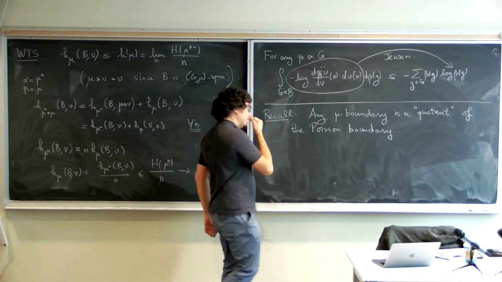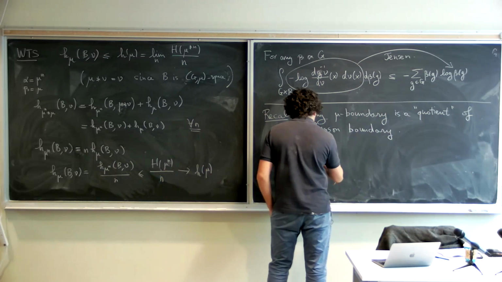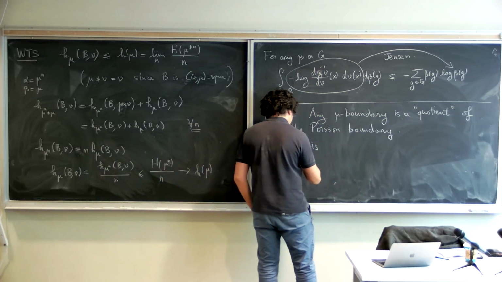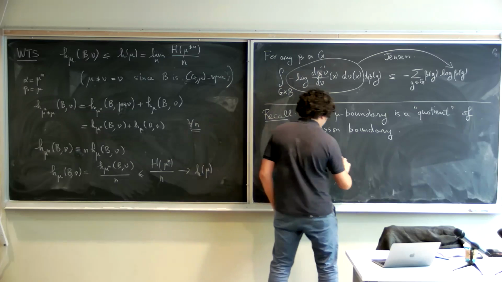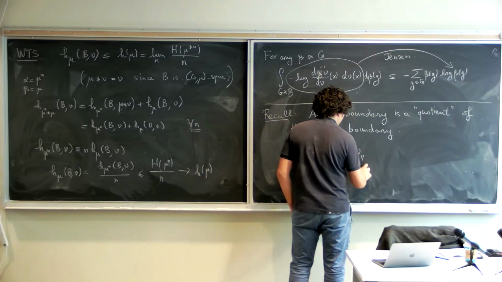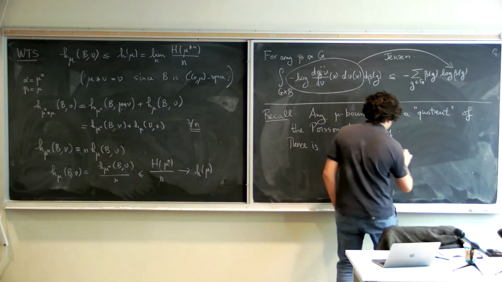Namely, there is a map from B Poisson, mu Poisson, to B nu.